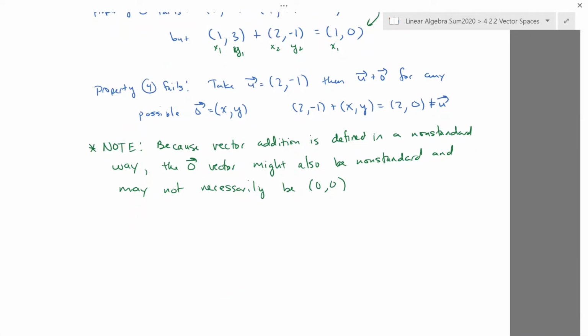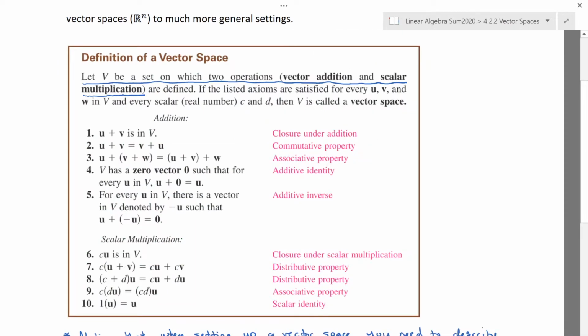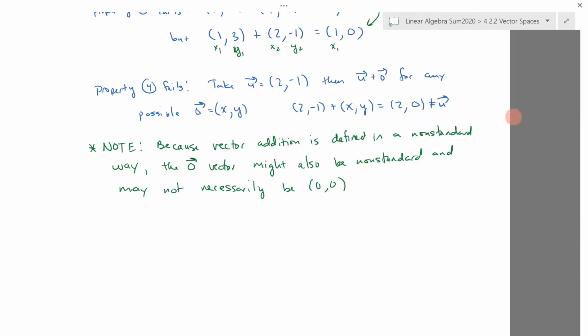So because there's no 0 vector, there's no sense in looking at property 5, right? Because there's no notion of cancellation. So basically property 5 fails because 4 fails.